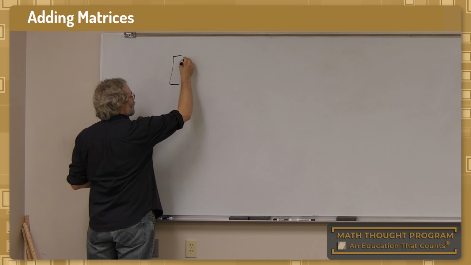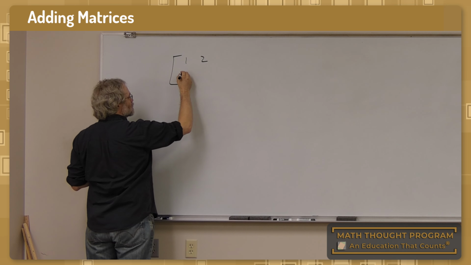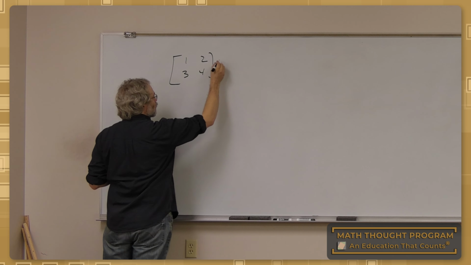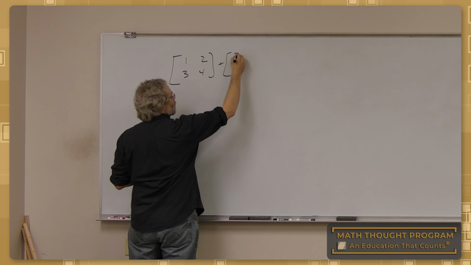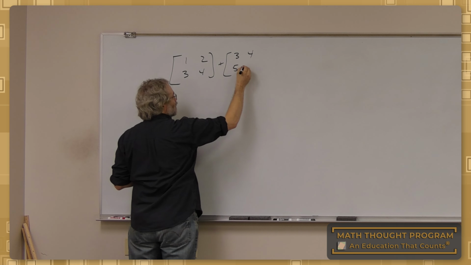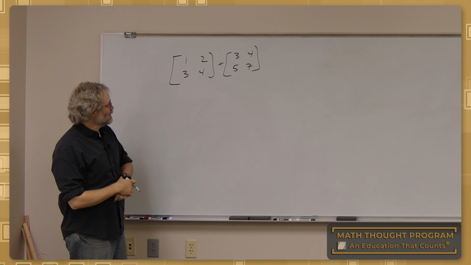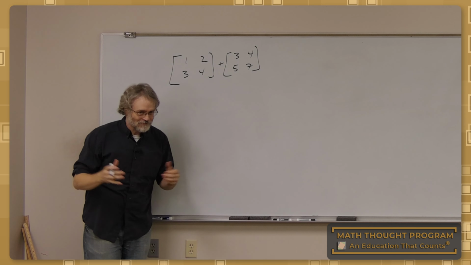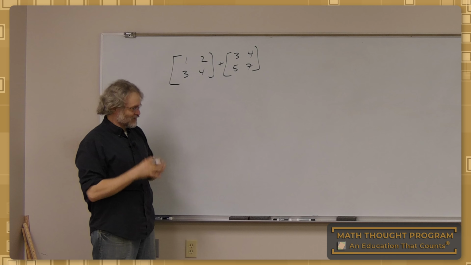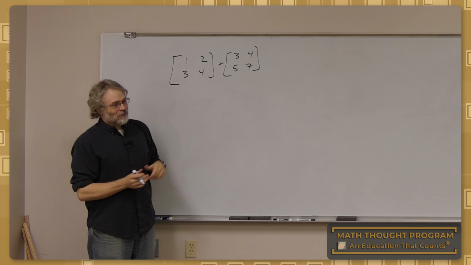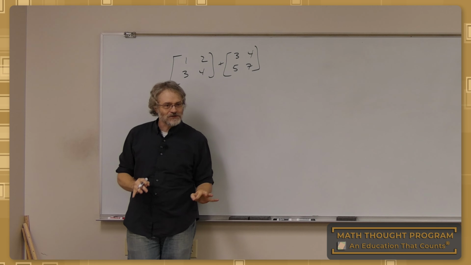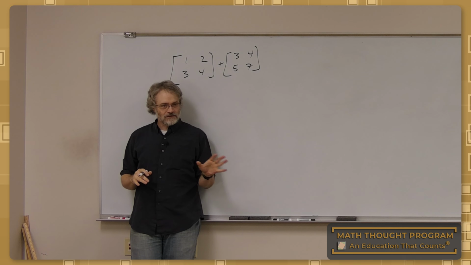We can talk about if I was to have a matrix, let's say 1, 2, 3, 4, added to another matrix, 3, 4, 5, and then 7. Because I didn't want to say 6 again, because you'd be like, why not? But 6 plus 1 is 7. Just think like that if you need to. But if you add up your matrices, here's the secret.